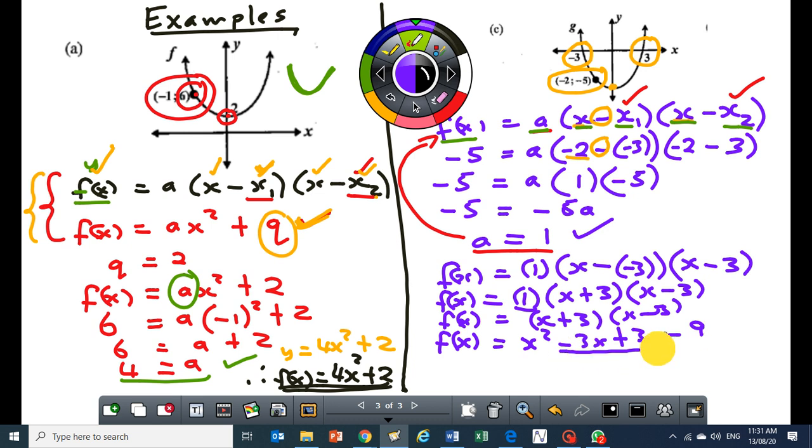These two will give me 0. So my equation of that graph will be f of x equal to x squared minus 9. Okay, so that's how you determine the equation.